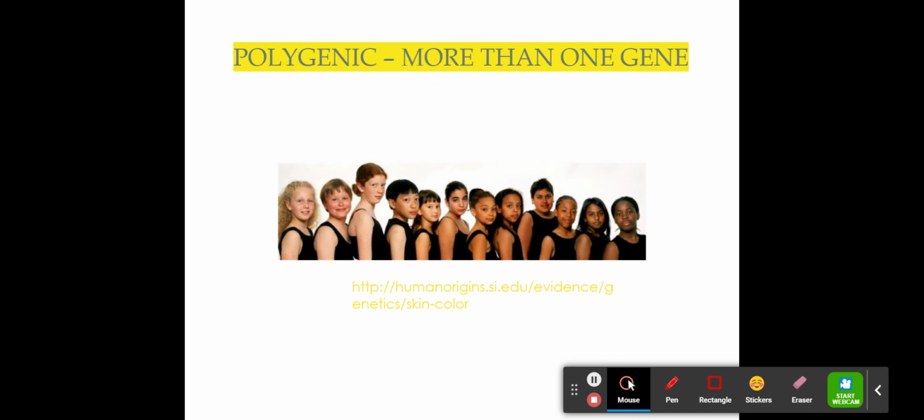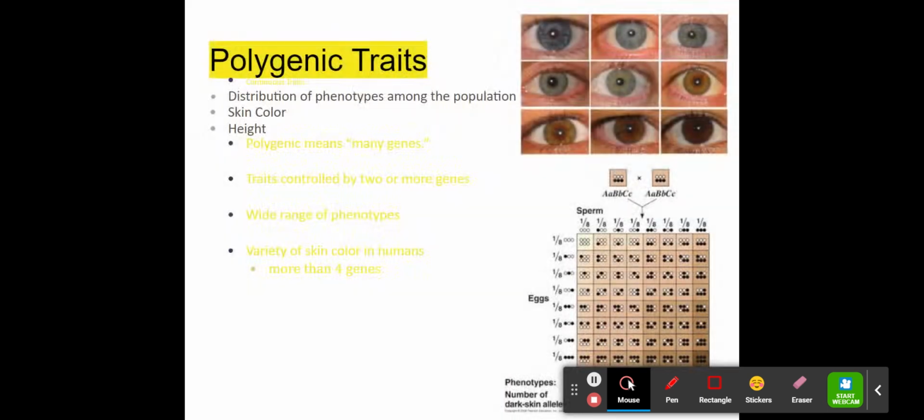And the fewer dominant alleles, so the more recessive they have, the lighter their skin color. Another example of this would be height among humans. If mom is really short and dad is really tall, then offspring would have a greater chance of being somewhat in the middle. But it also depends on how many of each of the alleles they get from mom and dad.